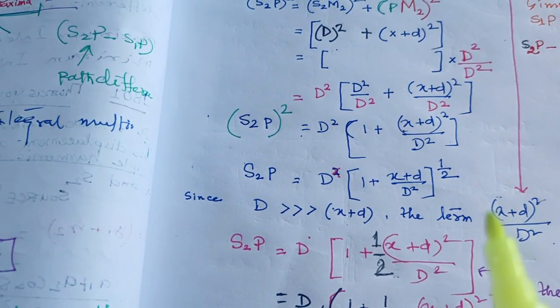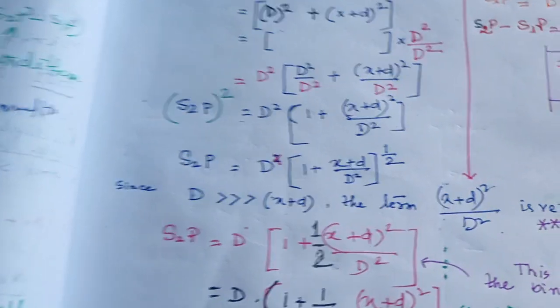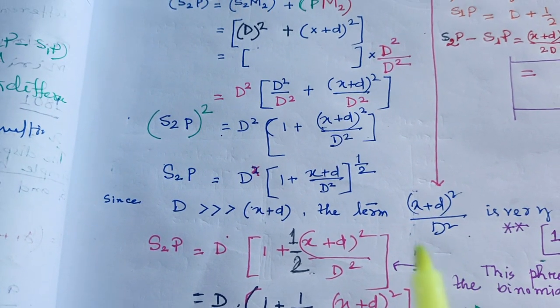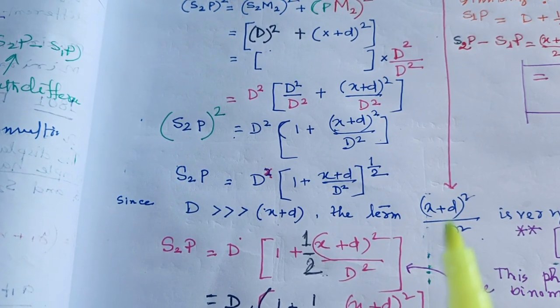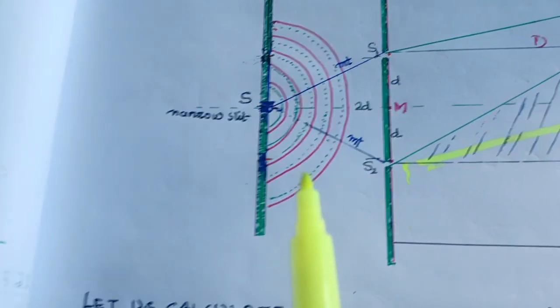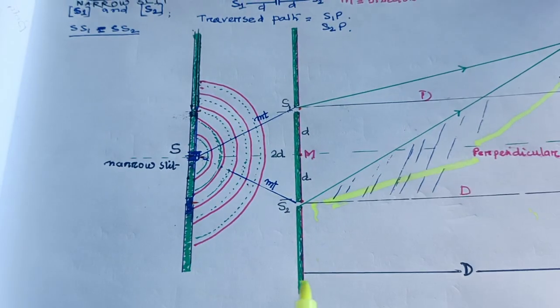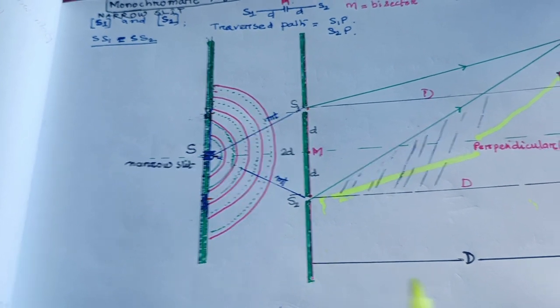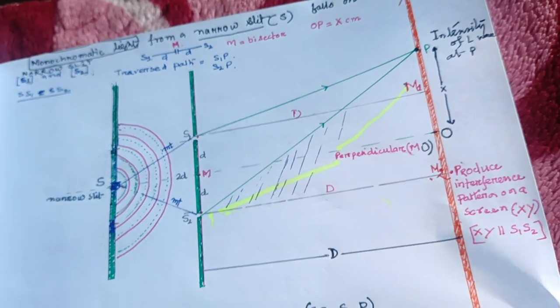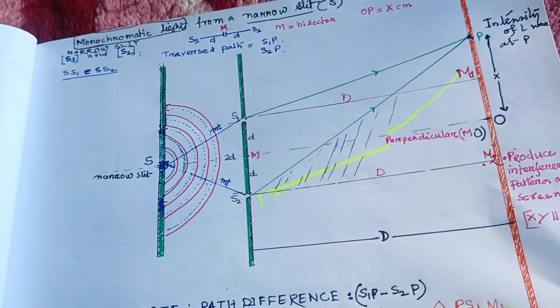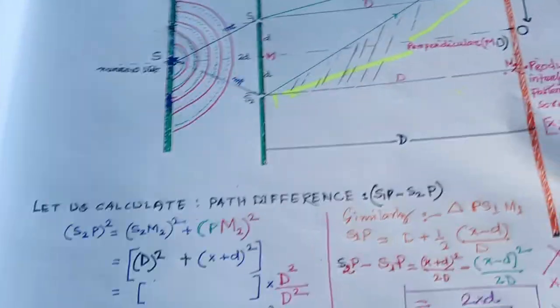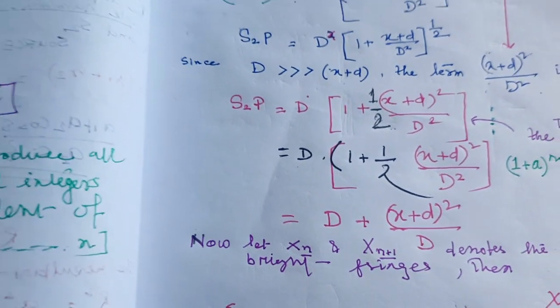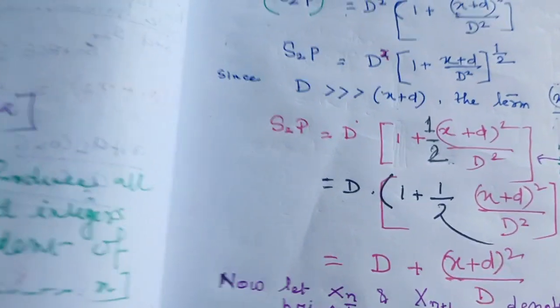So it is very small in number in context to the opaque, and this screen are parallel, and their distance is D. So now you can easily get how this term half is there.